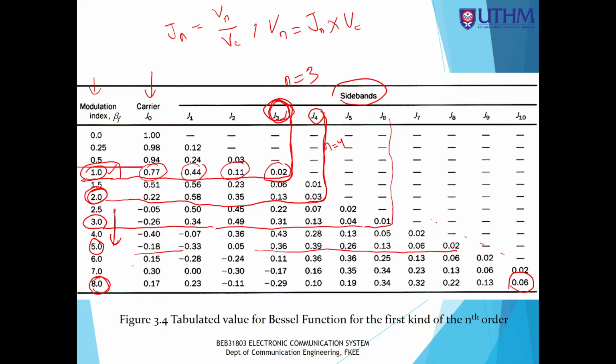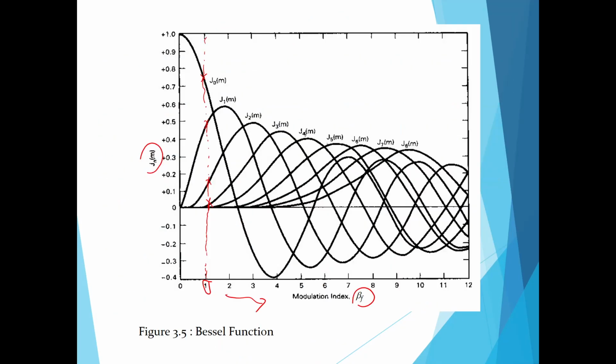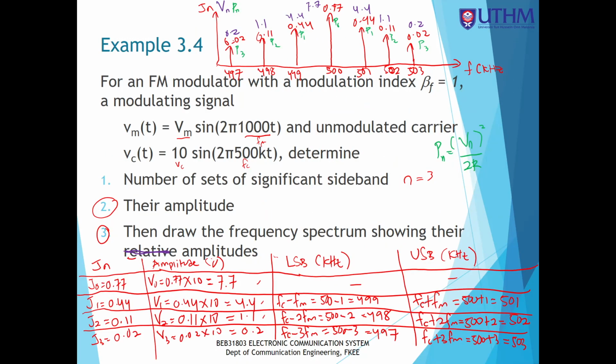Up to 8 sidebands, okay, 8 pairs of sidebands. Either you want to use the long equation or the short equation.